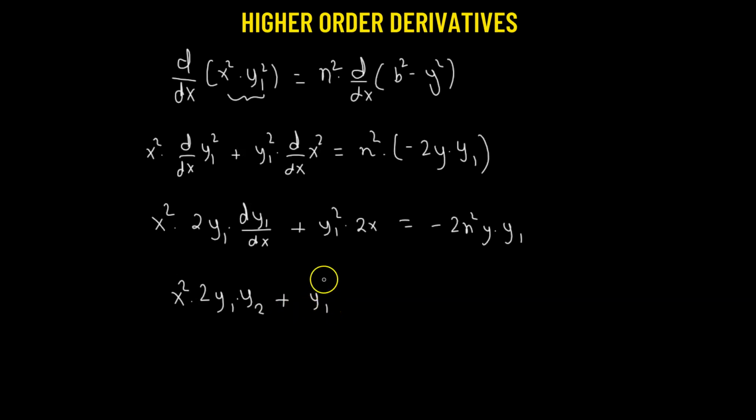We have plus y1 squared times 2x, plus, we'll bring the term on the right hand side to the left hand side, so we have 2n squared times y times y1, so this is equal to 0.